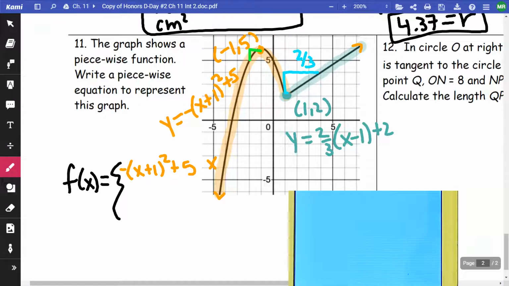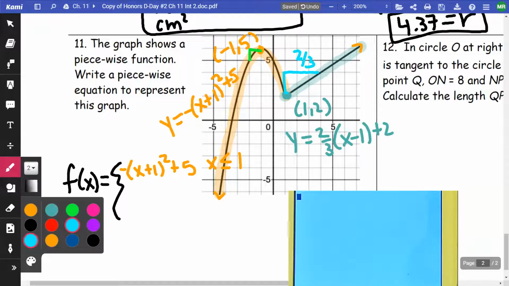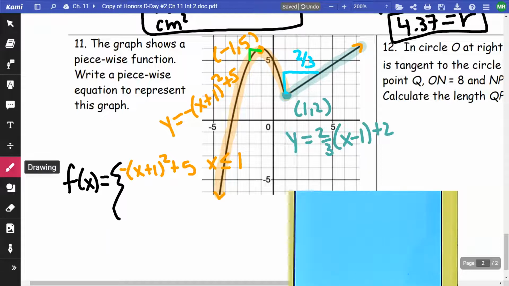So I'm going to count it in one or the other. So let's say I count it with this one, less than or equal to 1. Then the other equation is going to be 2/3 times the quantity x minus 1 plus 2, and that's going to be x is greater than 1.